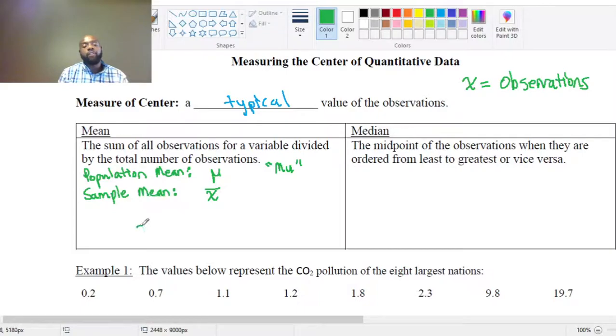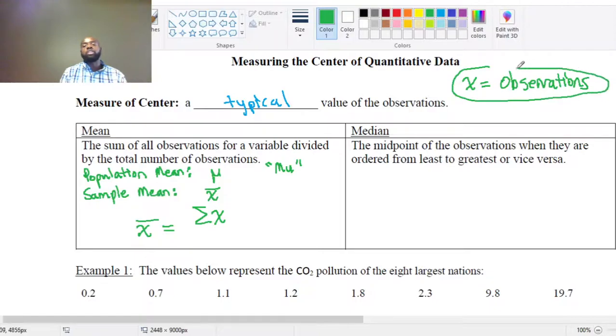Basically, the formula for x bar, your sample mean, uses a sum. This is your Greek capital S, or sigma. We add up all of our observations. Again, the x represents your observations.